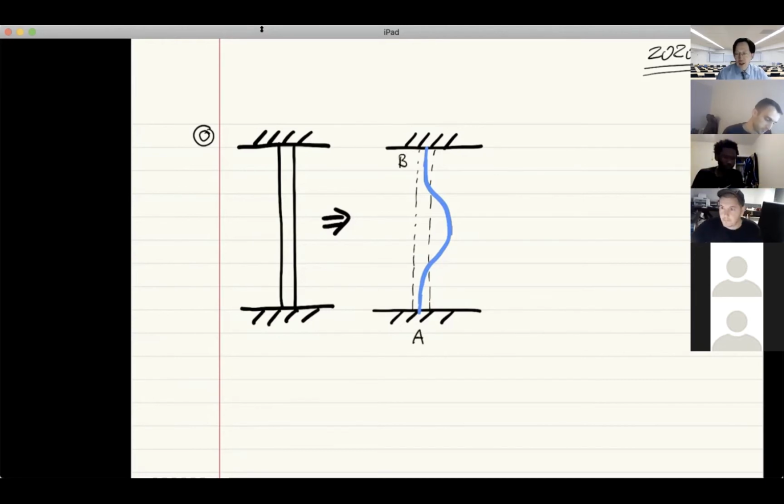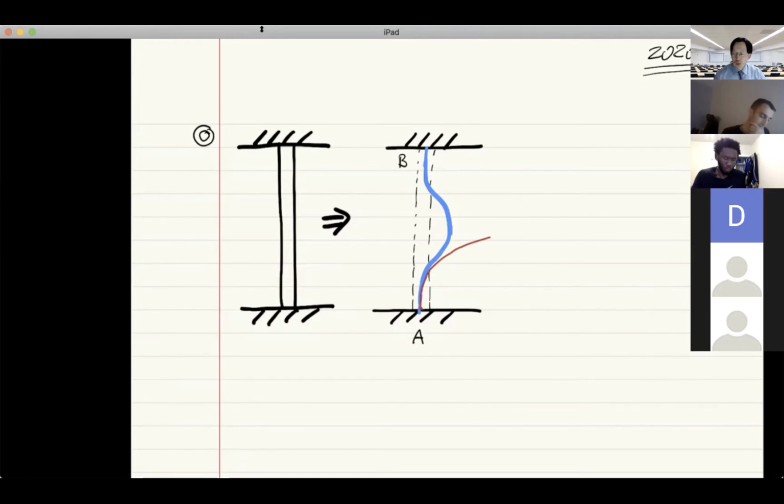And starting from A to B, the first curvature, we haven't defined whether it's X or Y, but that doesn't matter because you can notice there's a change of curvature very obviously. And here, the first curvature is going to look like this. Right? That's the first curvature.